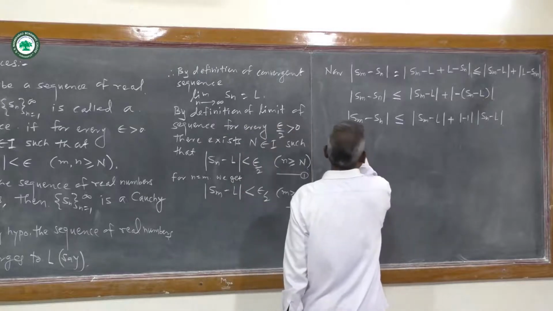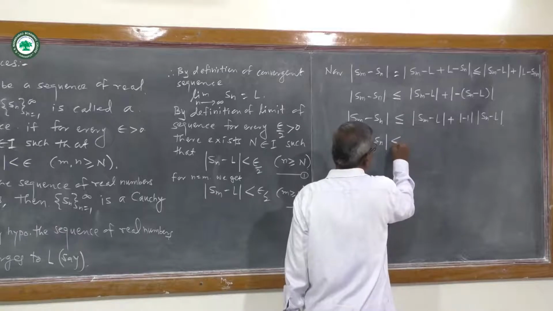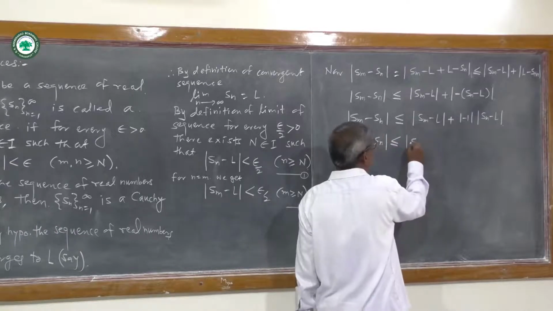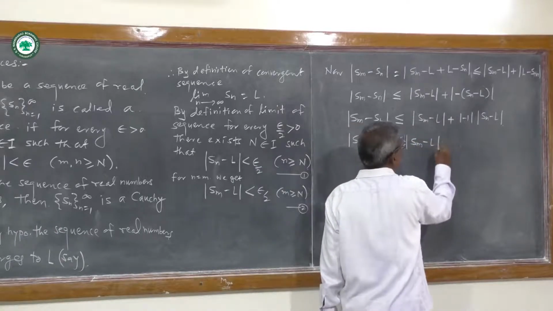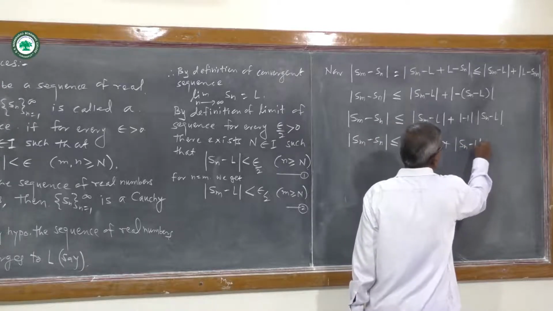Therefore, we obtain modulus of S_m minus S_n is less than or equal to modulus of S_m minus L plus mod of S_n minus L.